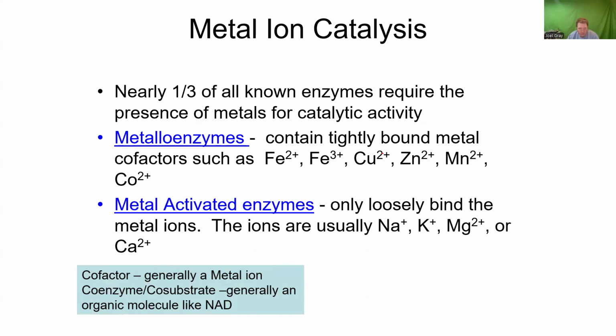Now, a cofactor is generally considered a metal ion. A coenzyme is generally an organic molecule like NAD. Could anyone remember from our discussion of enzymes the EC number that corresponded to NAD plus, or enzymes that use NAD plus?